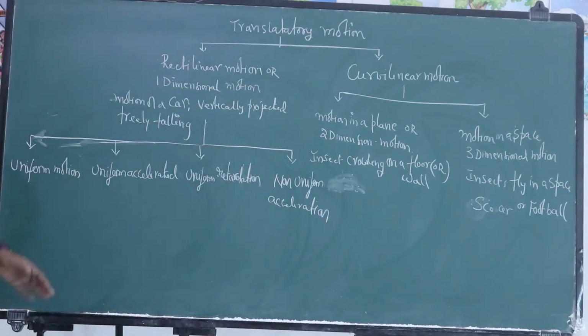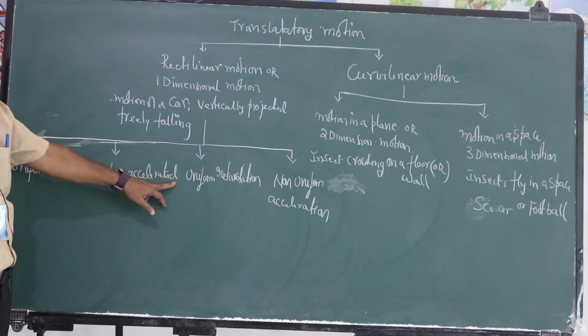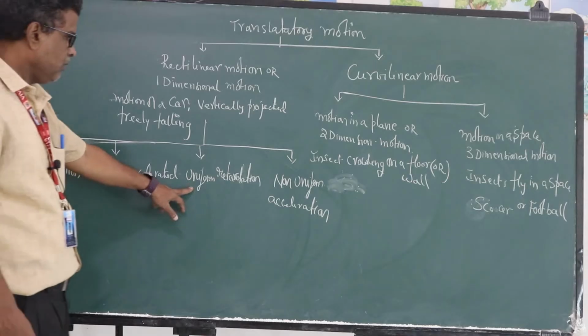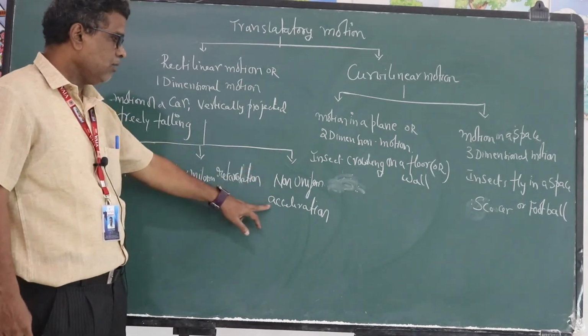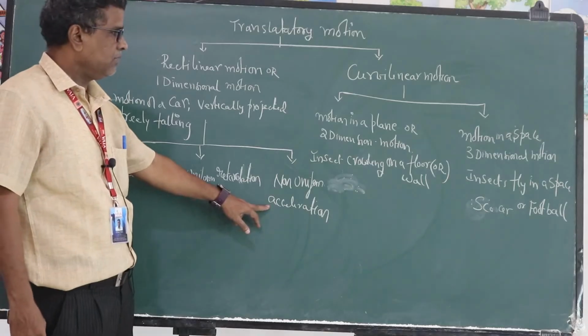So we are going to discuss this one-dimensional motion first, one by one. First one is uniform motion, second is uniform accelerated motion, third is uniform retardated motion, fourth is non-uniform acceleration.